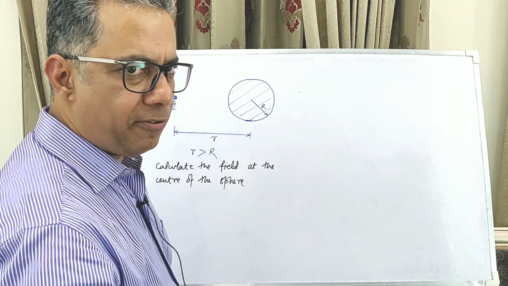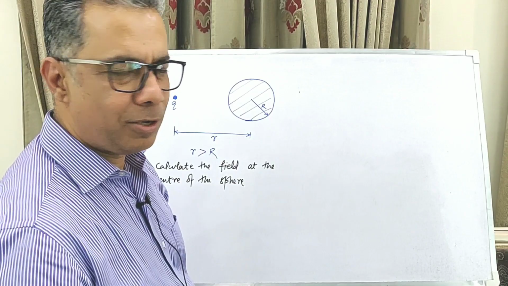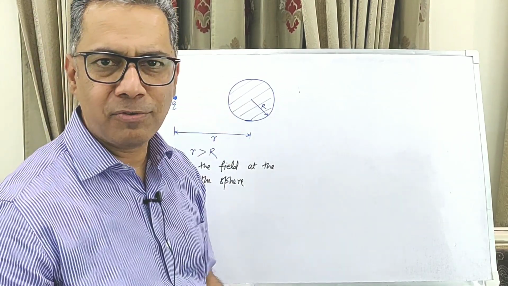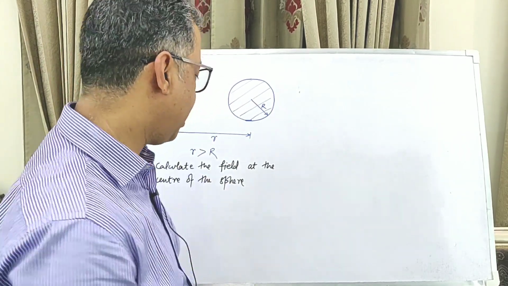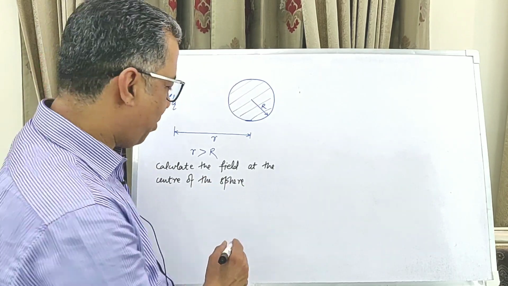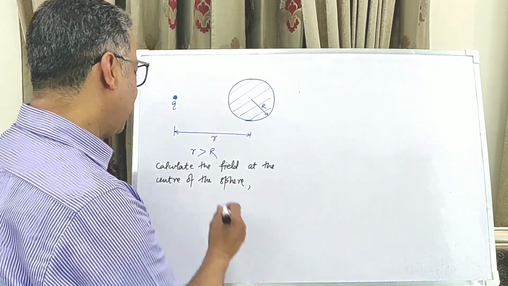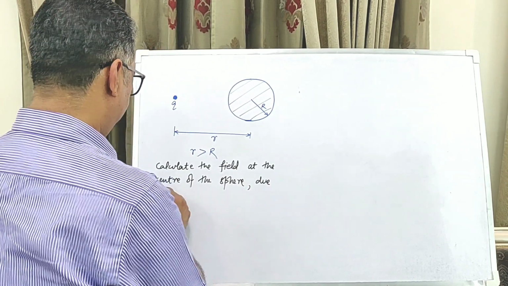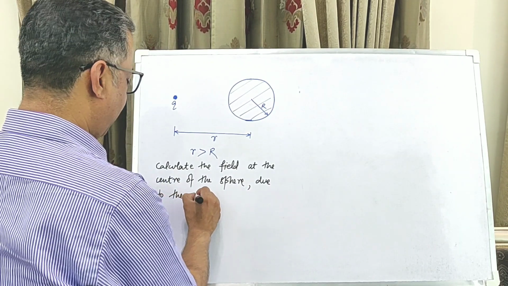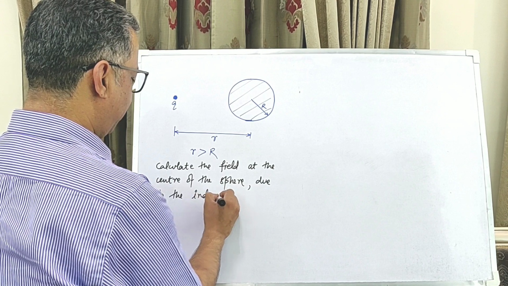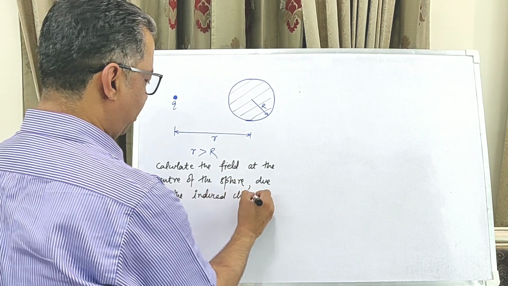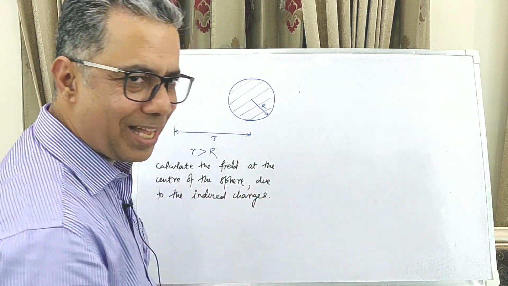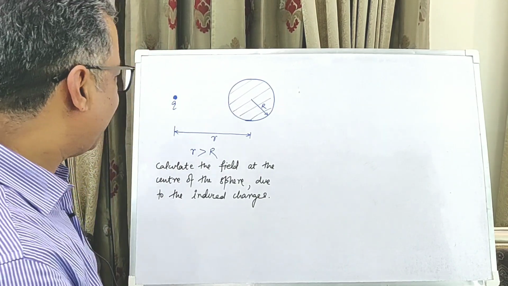Now you already have an answer to this question in your mind, and you're saying the field at the center of the sphere is 0. Of course that's correct, but this is not the complete question. Let me complete it. Electric field at the center of the sphere due to the induced charges, right? So that's our question here.